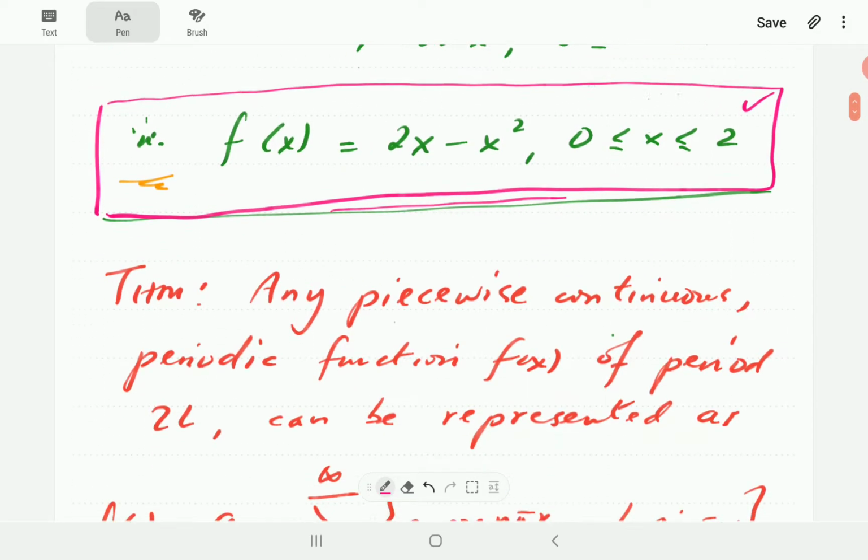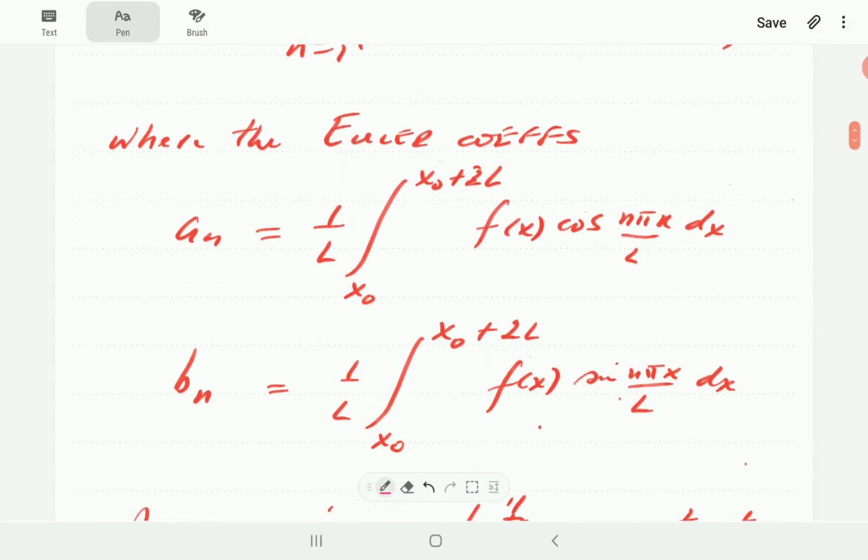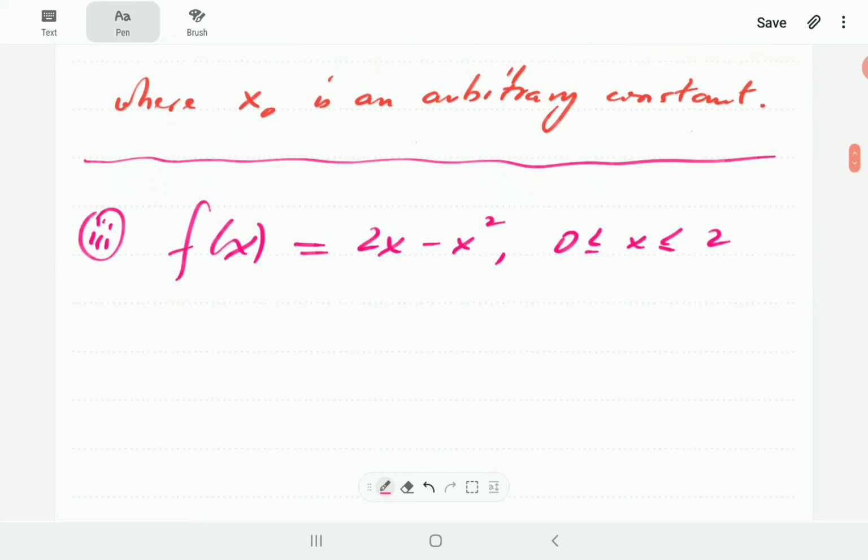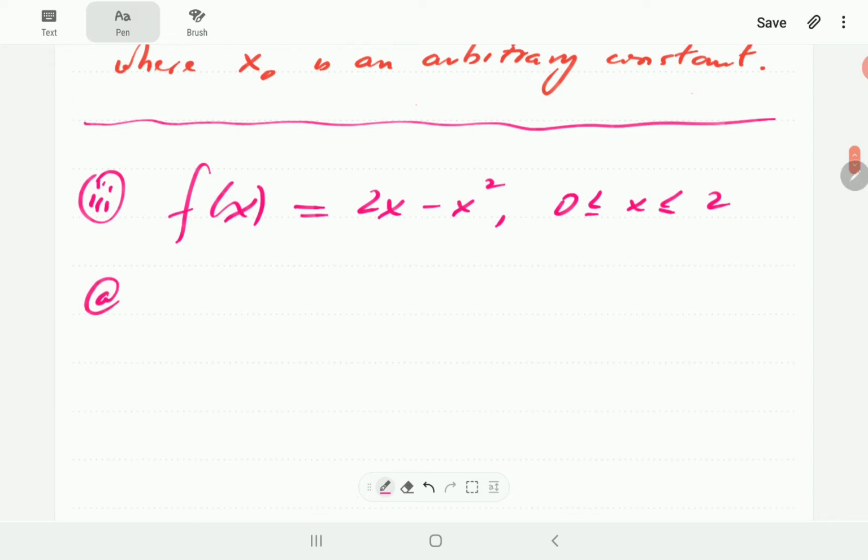All right, so we have f of x equals 2x minus x squared. First thing I want to do is to make a sketch of this. This is a parabola. The x squared term is negative, so it's facing downwards.